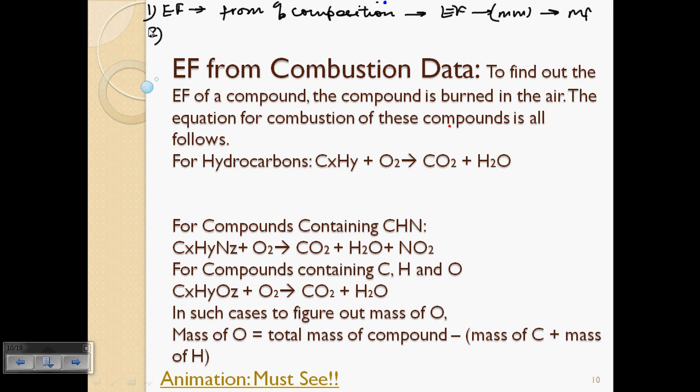The second method for figuring out empirical formula is from combustion data. So when chemists have an unknown compound, to figure out its empirical formula, they react it with oxygen, which is called combustion, and in the process turn all the elements into their oxides.